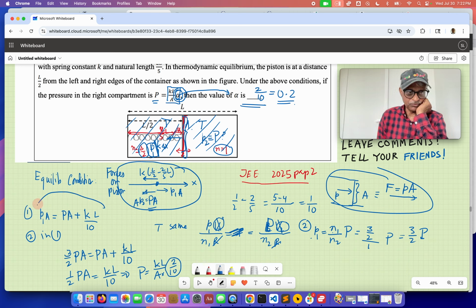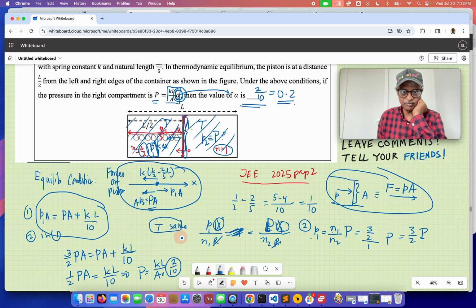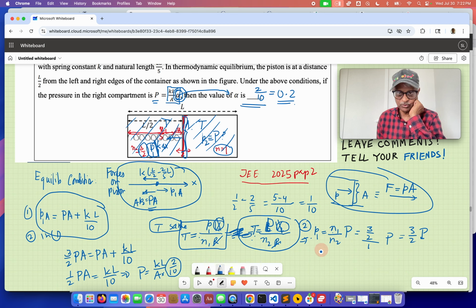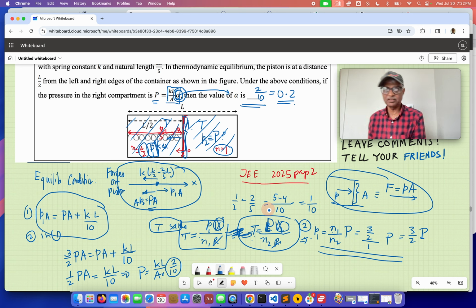Third was balancing the forces. And the fourth concept was that the temperature has to be the same on both sides. Equating the T gave us P1 over N1 equals P2 over N2, and then just getting that out. So these were the basic concepts they were testing.